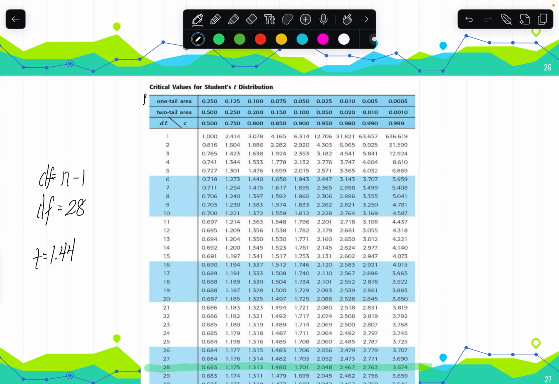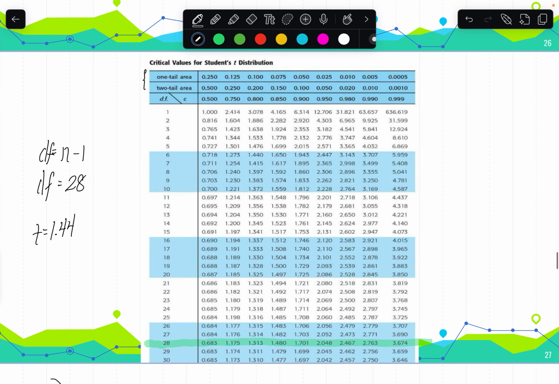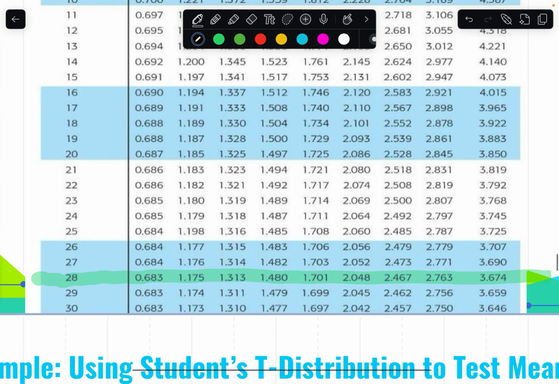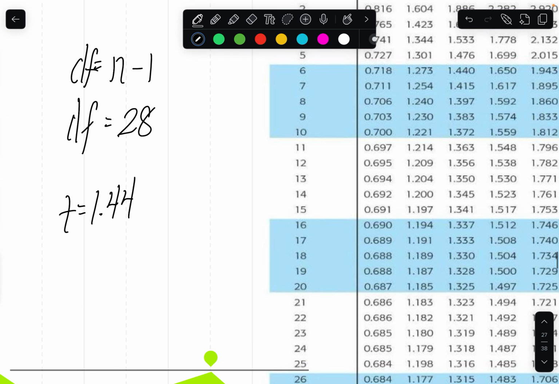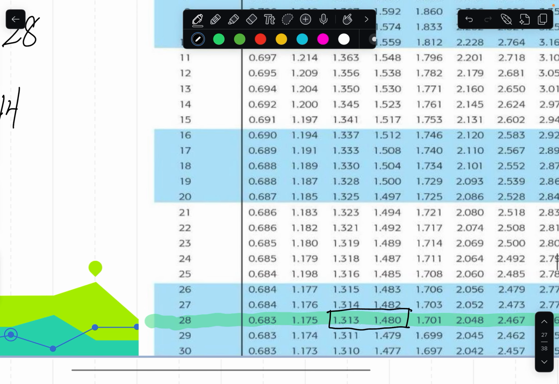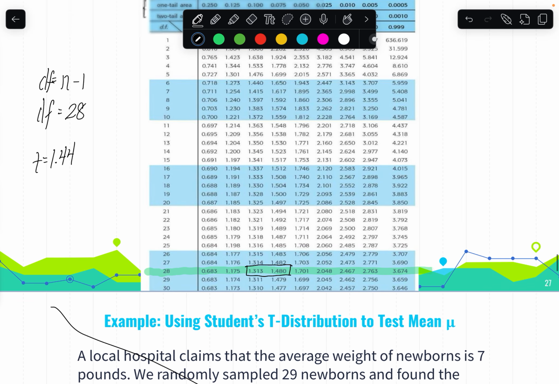This is where these two top rows come into play, because those are the p-values we use for our chart. If we look for 1.44 in this chart, it is between these two numbers, 1.313 and 1.408. It's greater than 1.313 and less than 1.408.